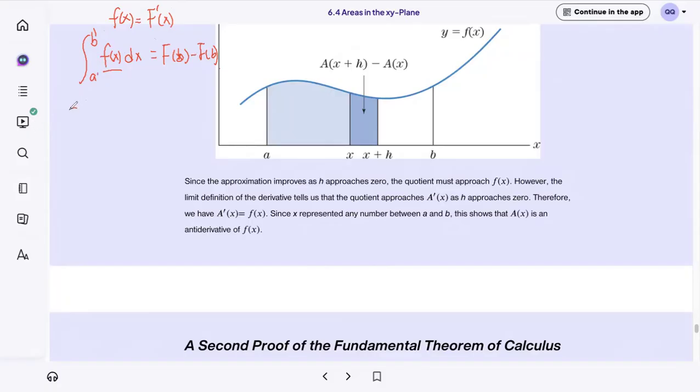If it's between two curves, we do f of x minus g of x dx, because we have to subtract. If we get a negative value, we take the absolute value, we force it to be a positive value.